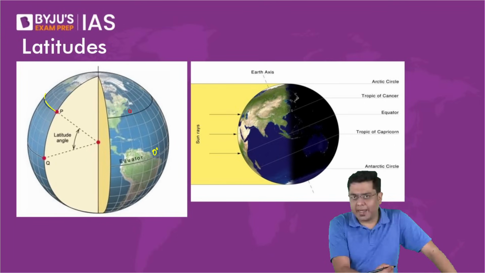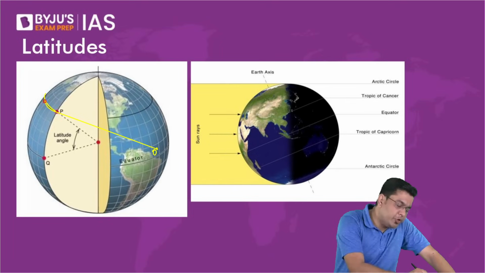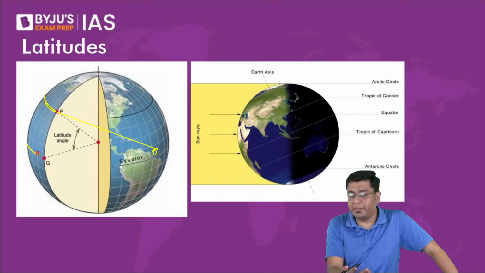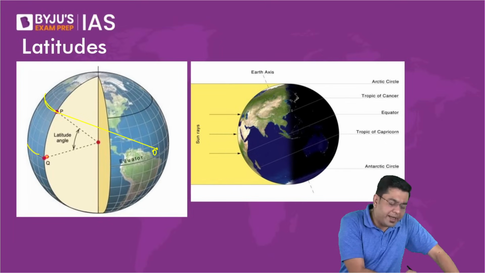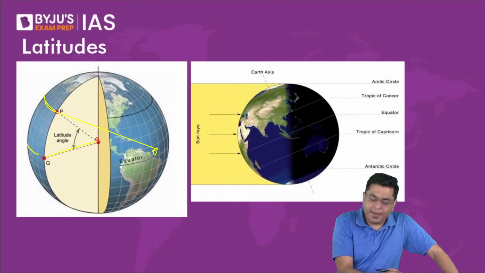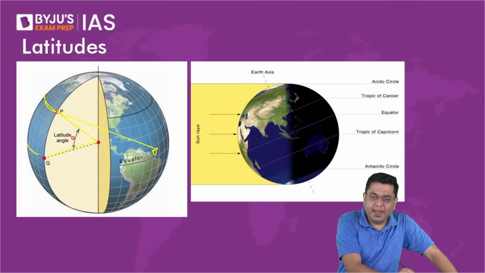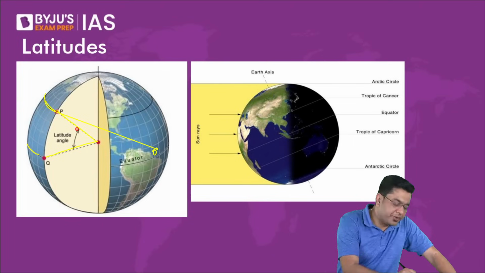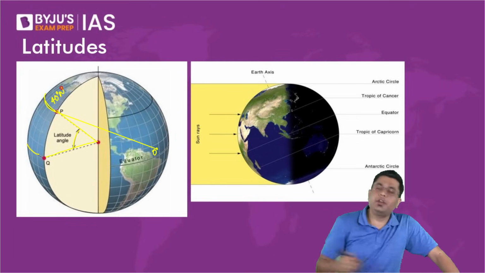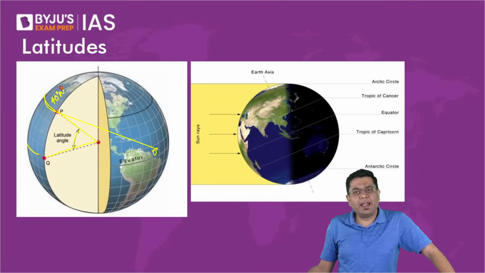How do you measure the angle of this latitude on the surface with equator? It is not possible. So that is why you draw an imaginary line joining the center, and that is joined by another imaginary line. And this angle which is calculated, let's suppose this is 40 degree as we had discussed yesterday, and because it is to the north, it will be 40 degree north. So that is how you calculate the angle of the latitude.